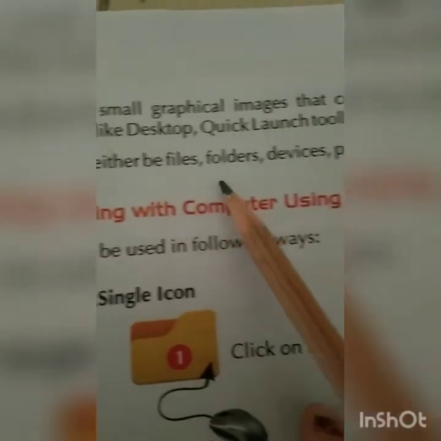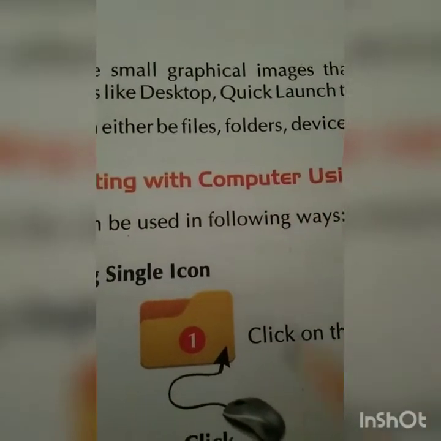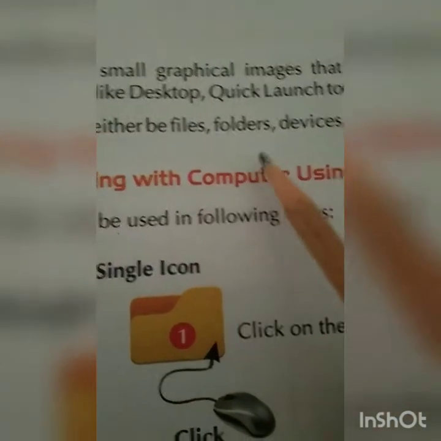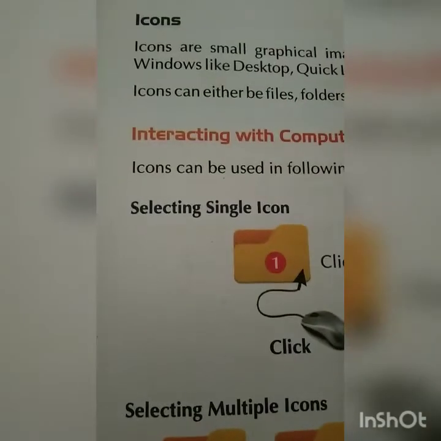Icons can be files, folders, devices, programs, etc. Icon does not mean only the name of a program in the form of an icon. It can be a file, folder, device, or your program name also. Here an example is given: interacting with the computer using icons.